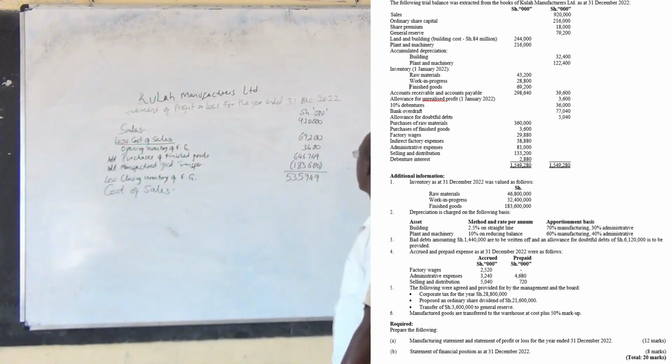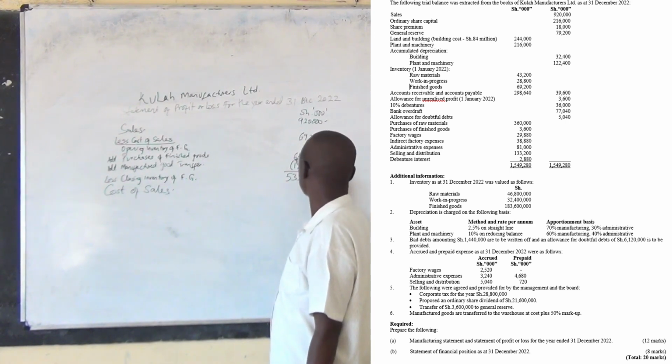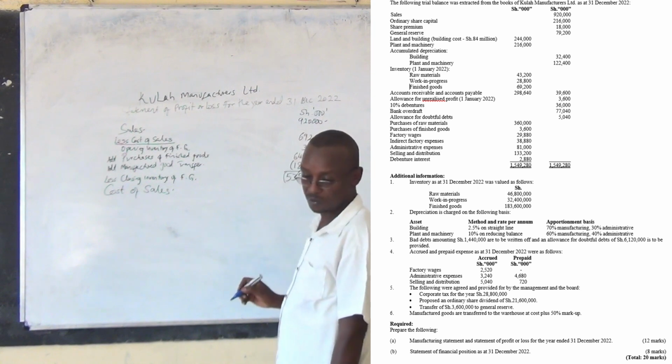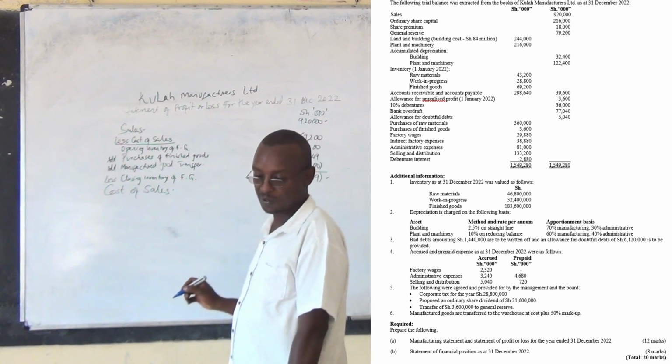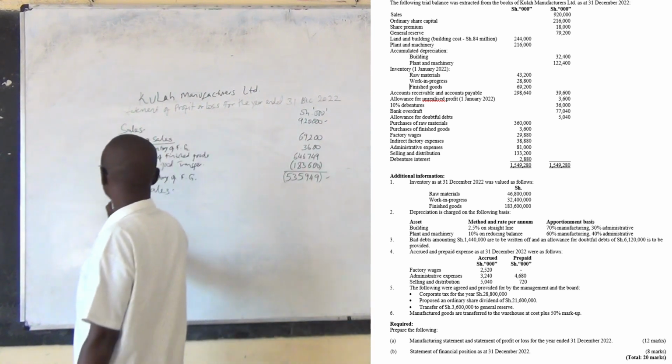So if you take your sales, you less the cost of sales, what do you get? You get a gross profit.